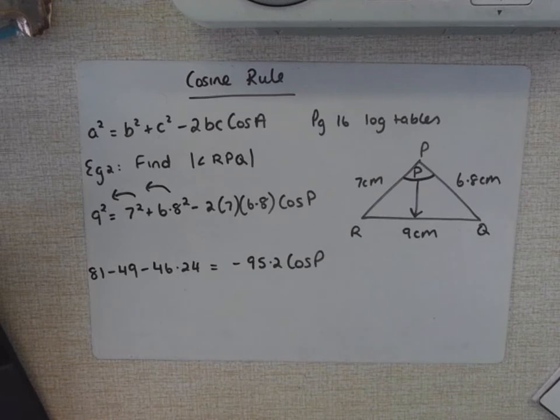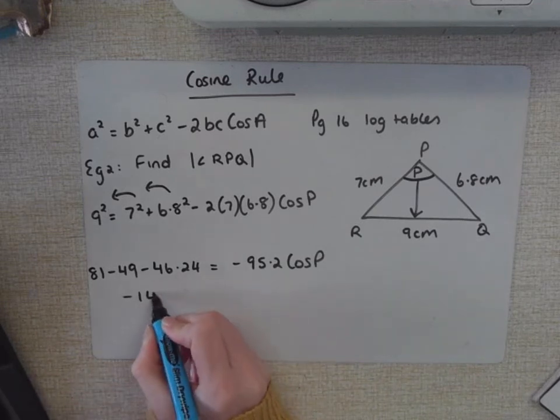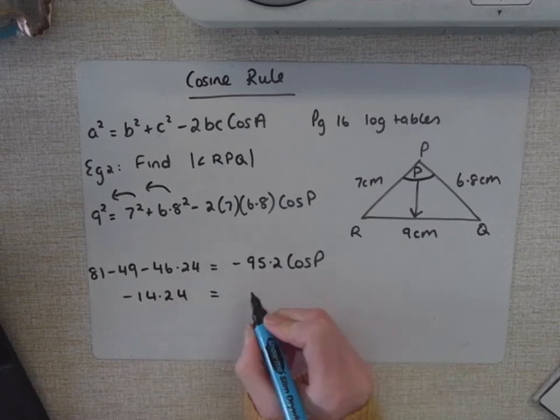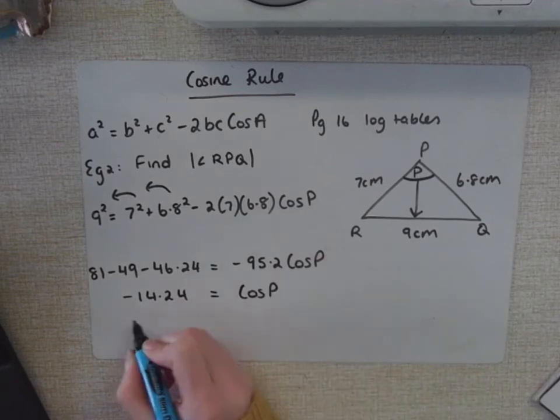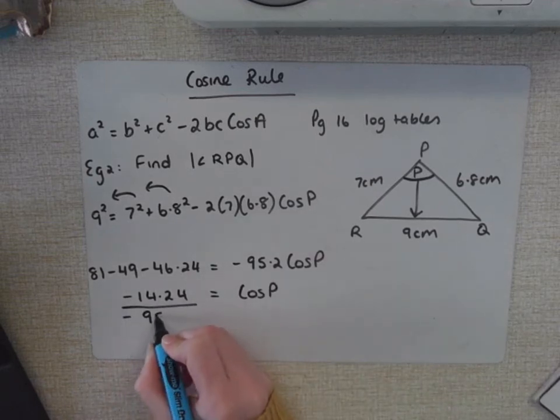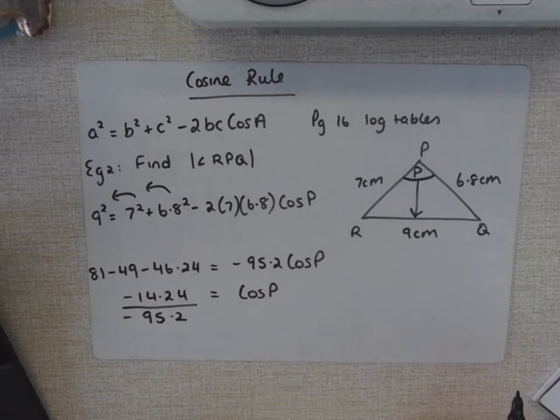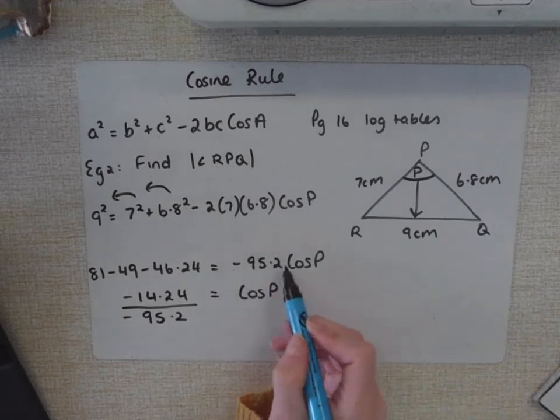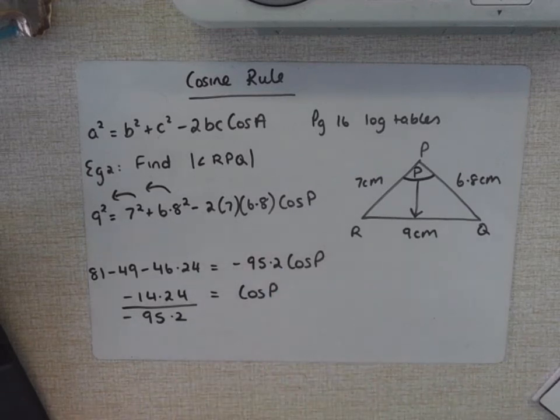So let's just see what's on this side. 81 take 49 take 46.24, and I'm going to divide by minus 95.2. So the top of one side goes to the bottom of the other. That's what cos of P is. What would I do to get P? Shift, yeah, cos inverse.